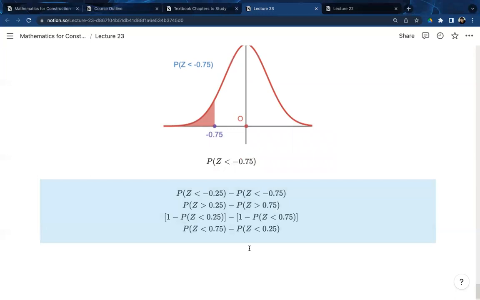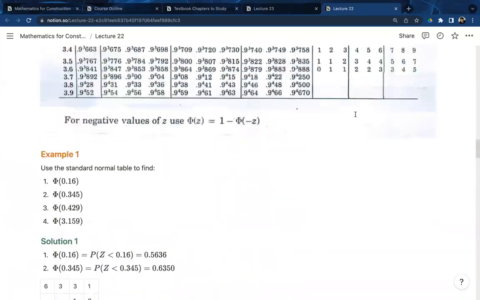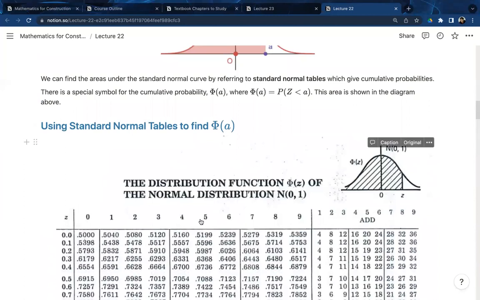And you simplify this here. What's the probability that Z is less than 0.75? We use tables for that. 0.75 here is 0.7734.